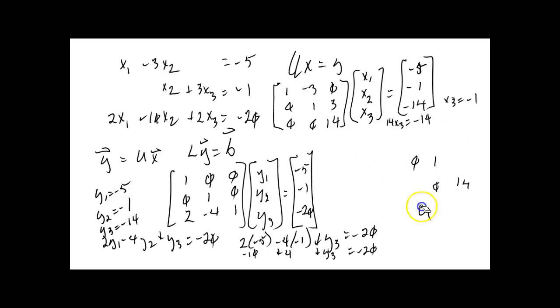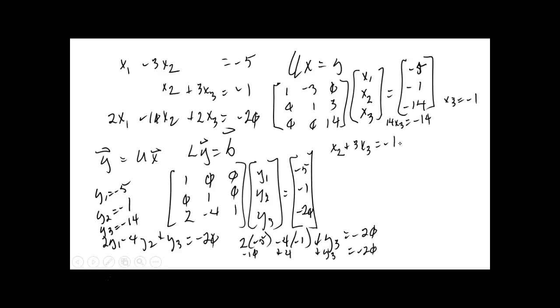Okay. All right, let's write down what our last multiplication was doing. Row 2 times column 1. 0, 1 times x2, plus 3 times x3 is equal to -1.